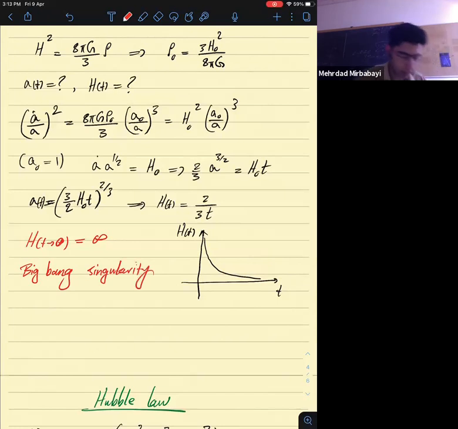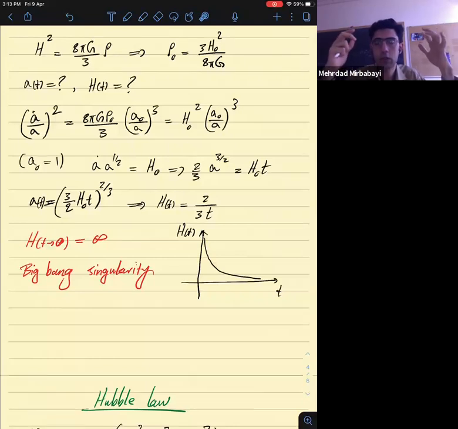Why is it called a Big Bang? Because this Hubble scale determines the expansion rate. What we see is that the expansion rate is infinite at t equal to 0, and then with time it slows down.